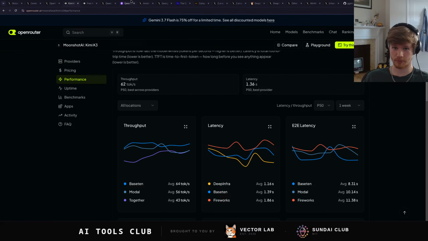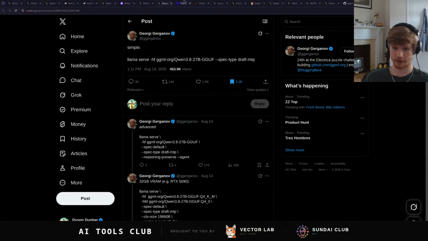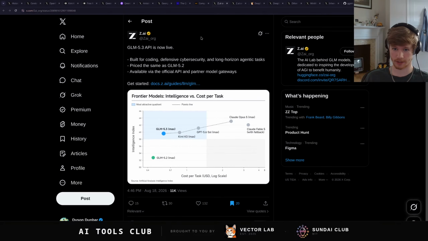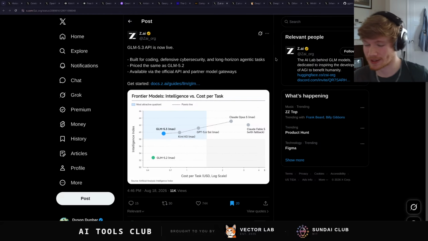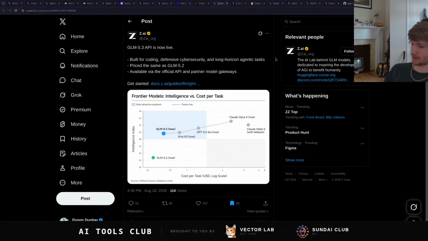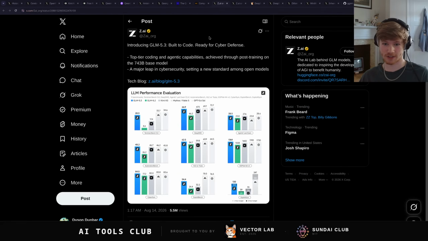If not, we mentioned briefly there GLM 5.2. And as of, I believe, 45 minutes ago now, GLM 5.3 is officially live in the API. Some of you probably saw last week that GLM 5.3 was kind of released. It was only released in their coding plan on their platform.